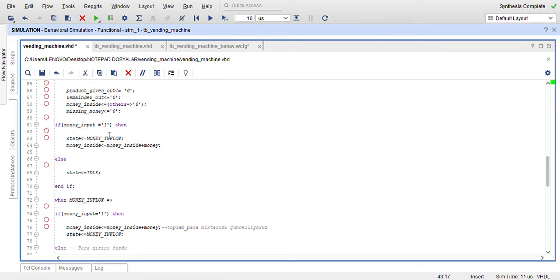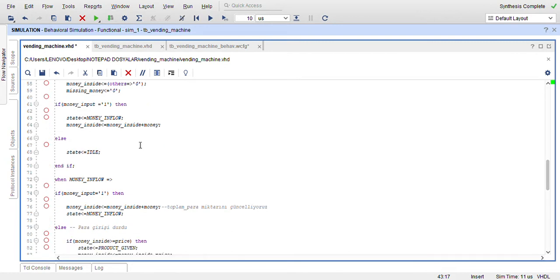If money input is equal to 1, then state money inflow. Money inside will be equal to money inside plus money. Money is the money that we add to the vending machine. Money inside is all the money inside the vending machine. Else state idle, which means money input is equal to 0.